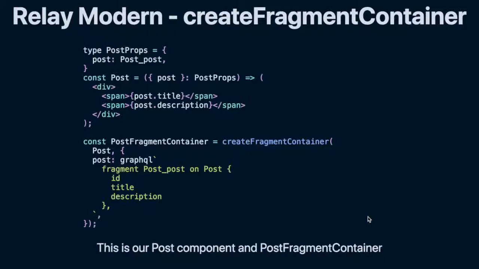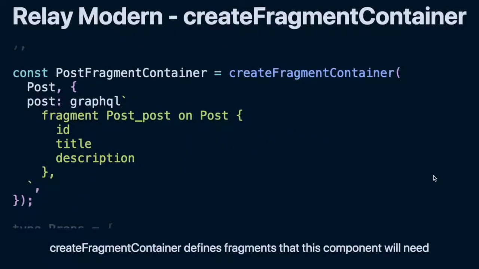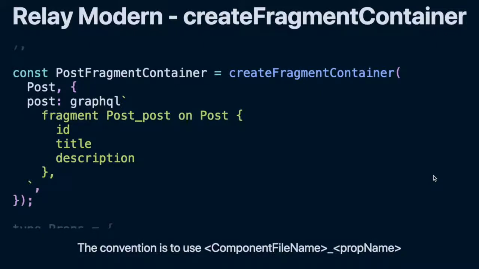We have a post title and post description, and we declare createFragmentContainer to declare that this post requires a fragment on the post type of the GraphQL, and we need title and description in this case. createFragmentContainer defines which component needs which data, which fragments they need. The convention is to use the name of the file and the name of the fragment.